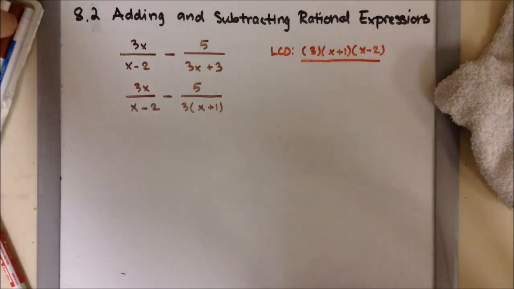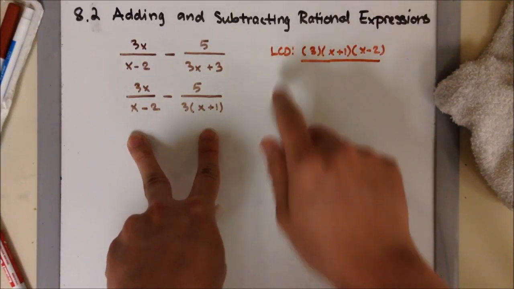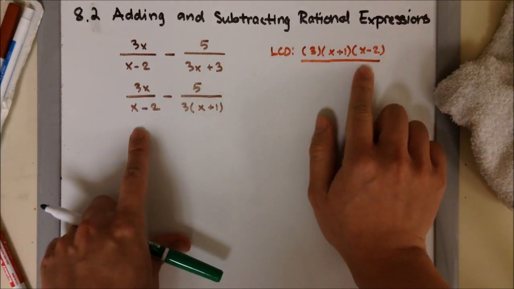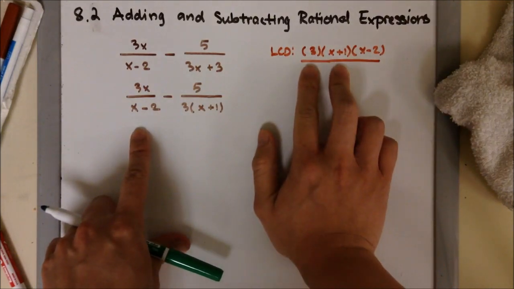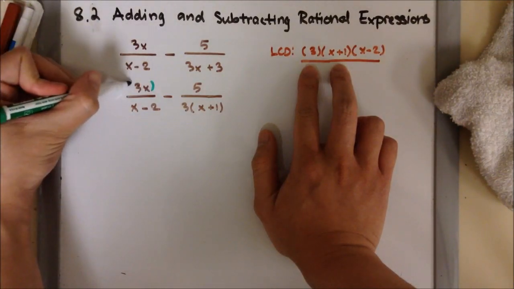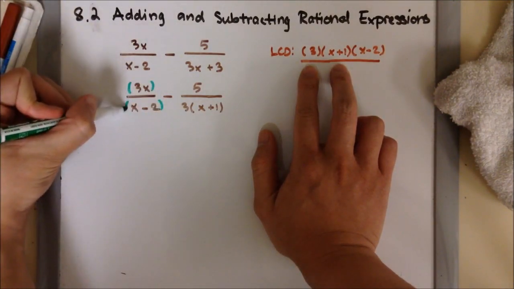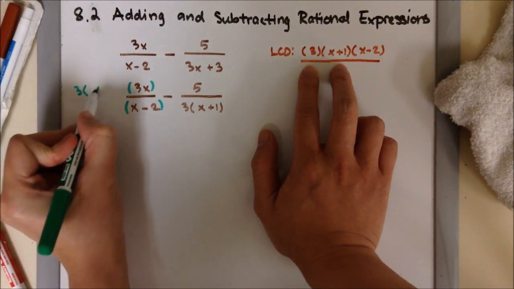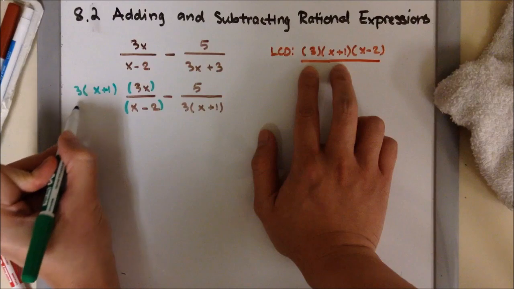Now let's compare the denominators with the LCD. The first fraction has the x minus 2, so I'm missing the 3 and the x plus 1. So I'm going to multiply the numerator and denominator by the missing factors, the 3 and the x plus 1.